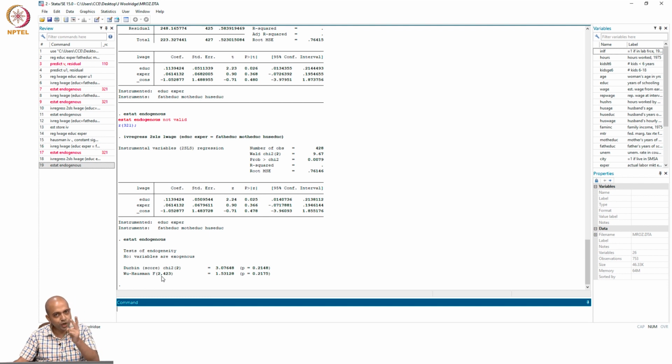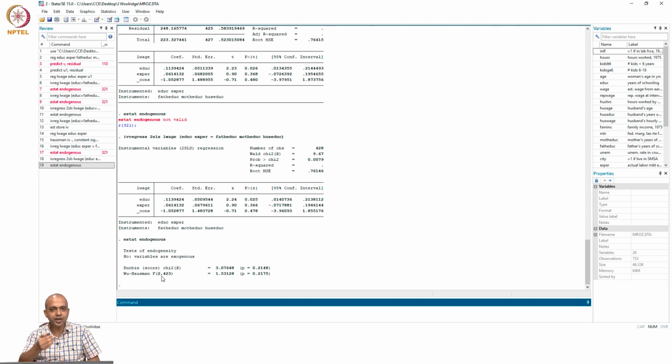When there are two endogenous variables, we will get two reduced form equations. From the two reduced form equations, we will get two predicted values of the error term, let us say V1 hat and V2 hat, and these two predicted values of the error terms we will put in the structural equation, and then we will implement one F test to test whether V1 hat and V2 hat are jointly significant.